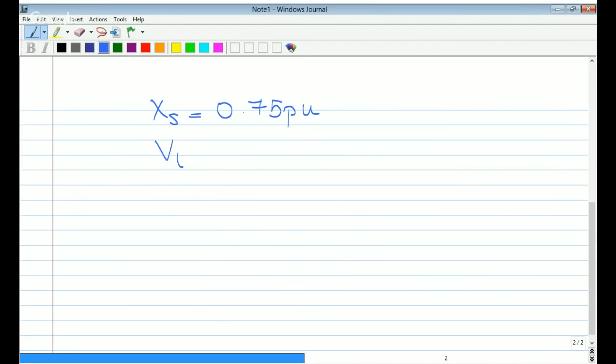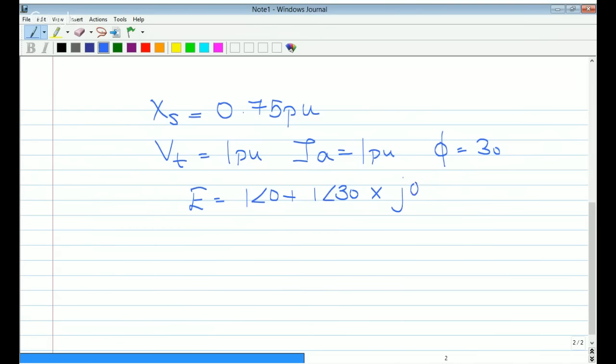So terminal voltage is 1 pu, IA is also 1 pu, and phi is 30 degree. From this I can calculate EMF: 1 angle 0 plus 1 angle 30 into j 0.75. So 1 plus j 0.75 at an angle of 120. From here I will get the value of EMF.